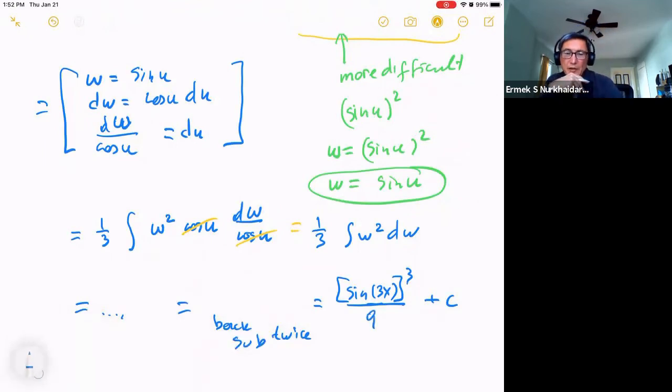So I skipped a couple of steps here. I believe the final answer will be sine of 3x, cubed, over 9.